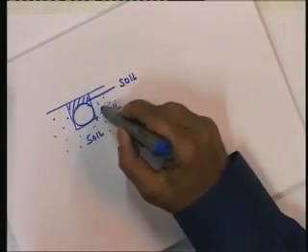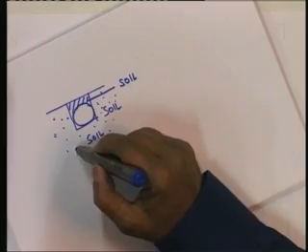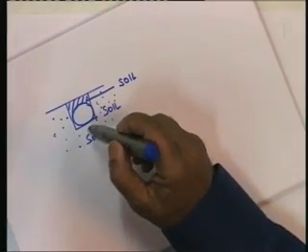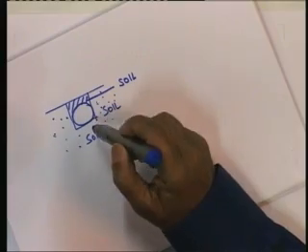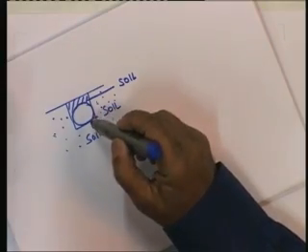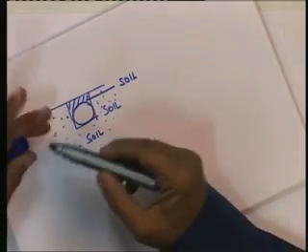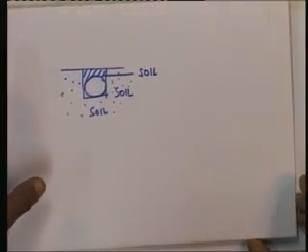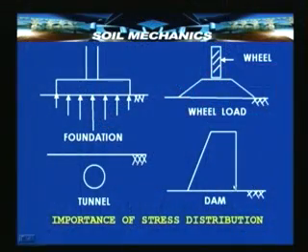So, there needs to be a method which will help us to compute the new stresses which are going to arise when either a tunnel is constructed or when an excavation is made or when a pipe is installed. There is also another instance in practice where stress distribution is important. Take a look at this diagram, the diagram of a dam.